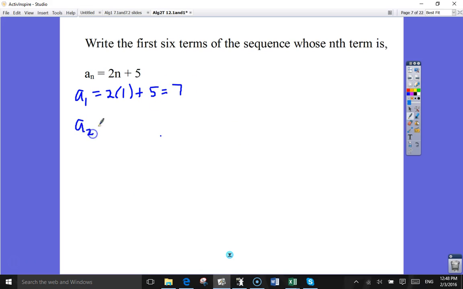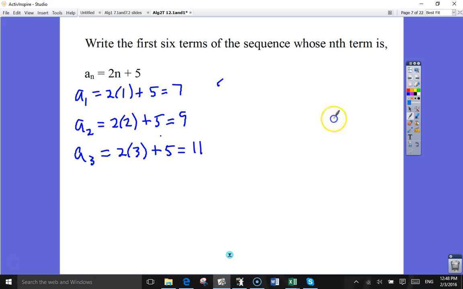A2 equals 2 times 2 plus 5. A3 is 2 times 3 plus 5. A4, 2 times 4 plus 5, which is 13.